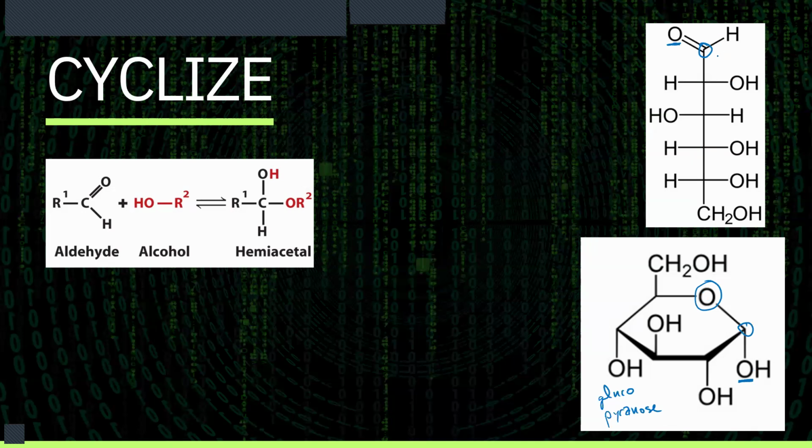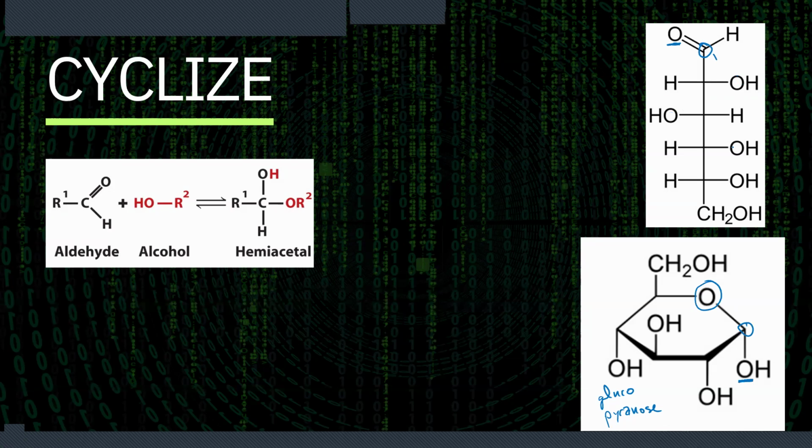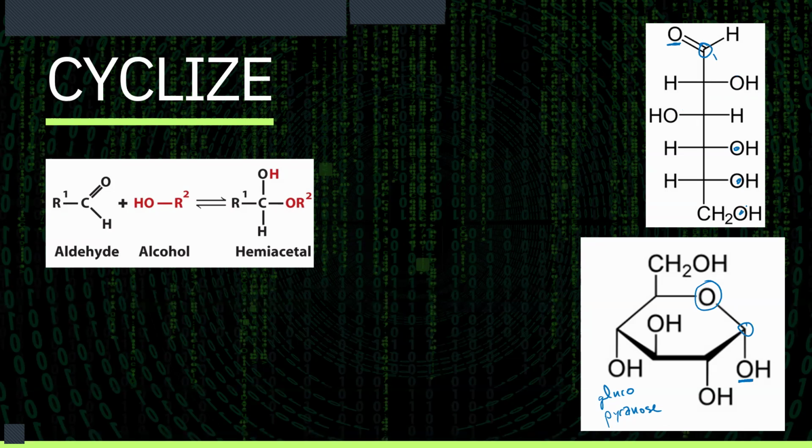So let me ask you these questions and just go along with me. Could carbon number 1 react with this alcohol? Totally. Could it react with this alcohol? Yep. This one, and this one, and this one. It could react with any number of those.